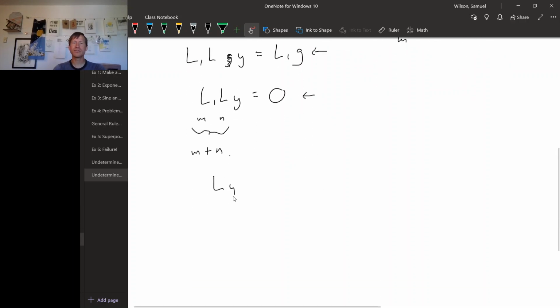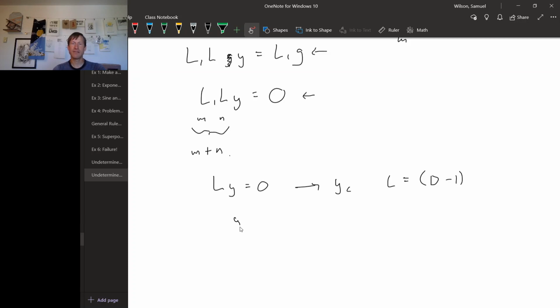So for the associated homogeneous equation, L of y equals 0, that has some complementary solution. And just to have an example that illustrates the general theme, let's say that our linear differential operator is just D minus 1.